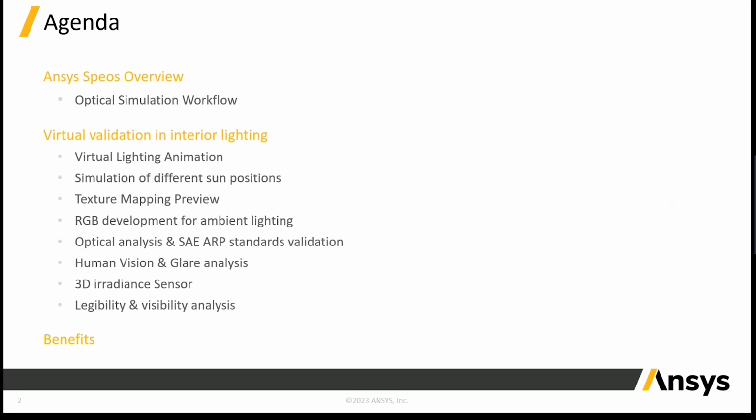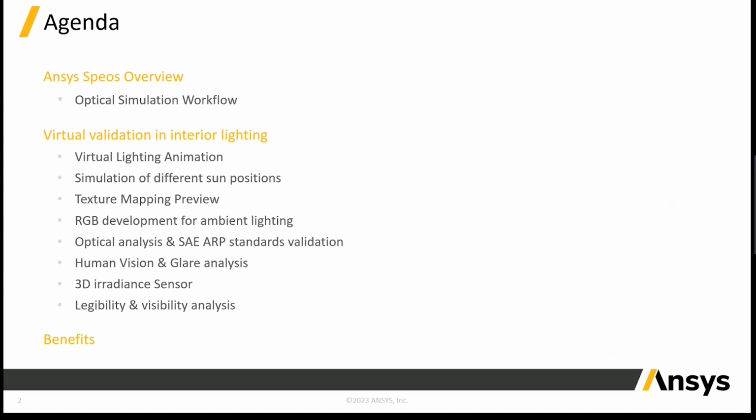For the agenda, at first, I will start with an introduction and overview about Ansys Speos and show the optical simulation workflow. And after that, we will go through different topics where Ansys Speos tools can be used for virtual validation in the interior lighting.